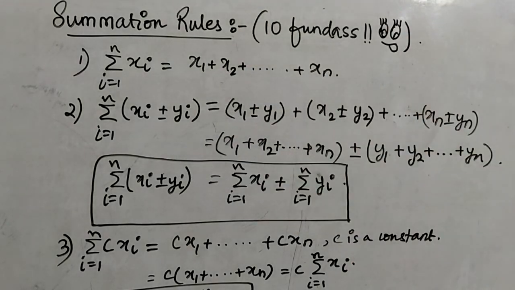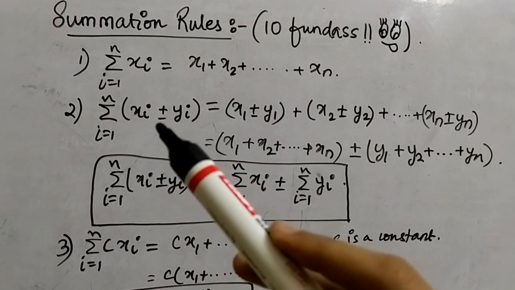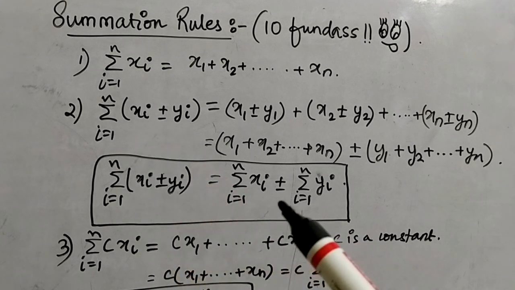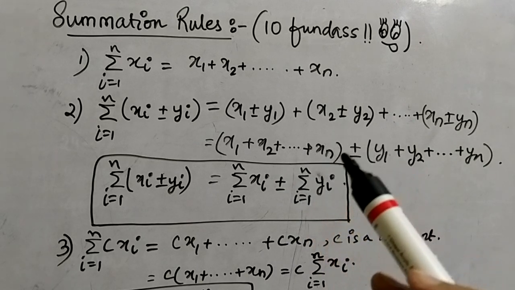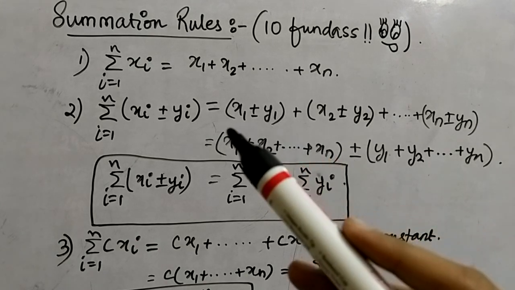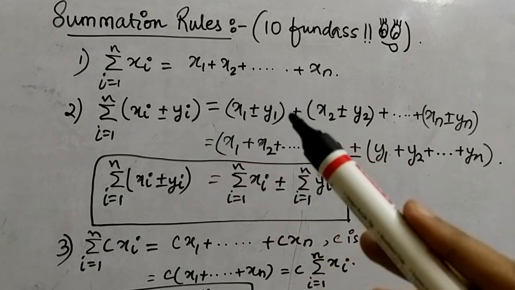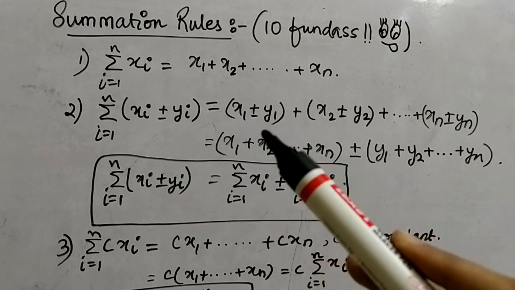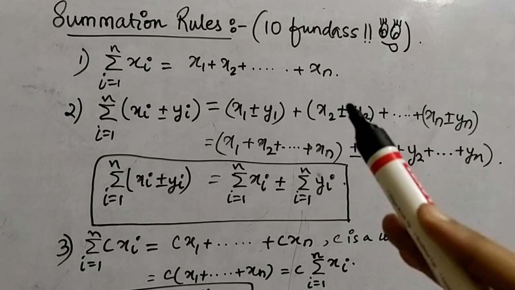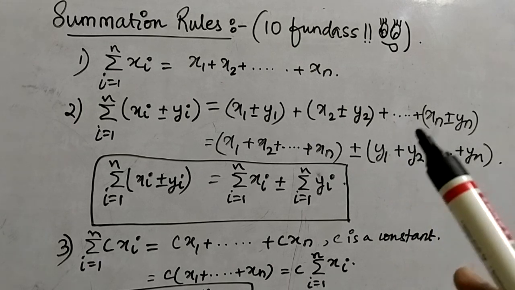The second formula: whenever you get this kind of question, you have to use this formula. But I don't want you to just memorize this formula. I just want you to know what's behind it. So just break it down in simple steps, like x1 plus or minus y1, and so on, taking small steps, putting i equals 1 to n.